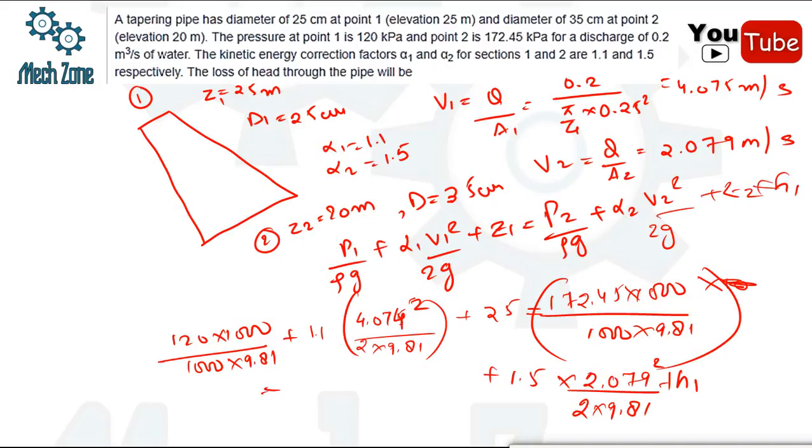So if we solve this equation, the value of H1 is nearly coming out to be 0.2531 meter. So this is the answer.